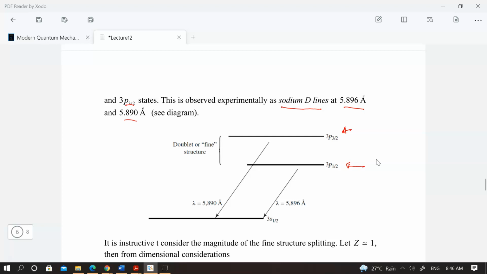And when it is excited from the s shell to the p shell, the p shell will have two different energy levels due to the spin orbit interaction. So when it decays back down, it will emit photons, and when it emits photons, it will have two different wavelengths.